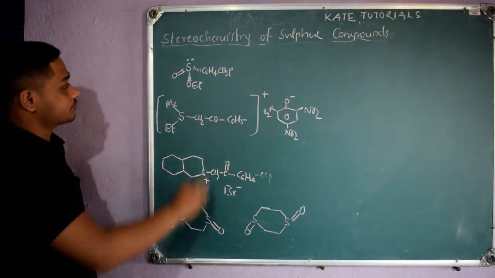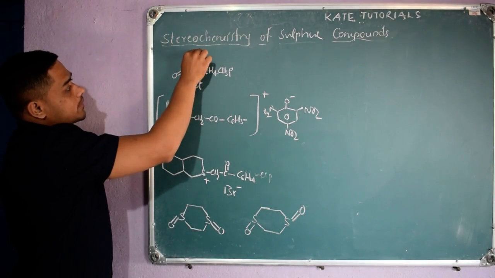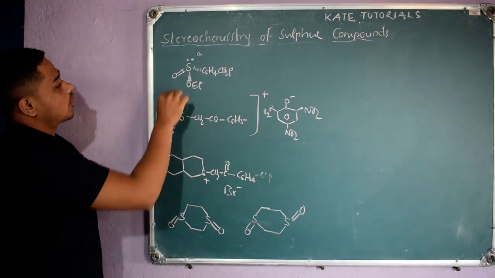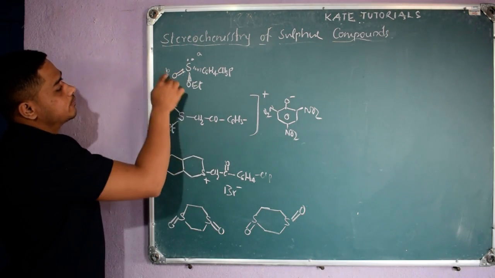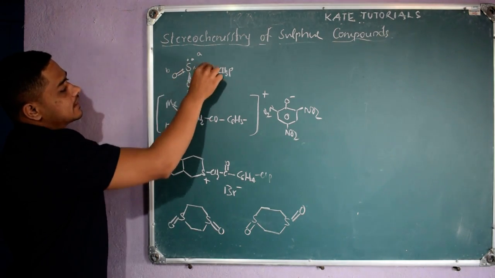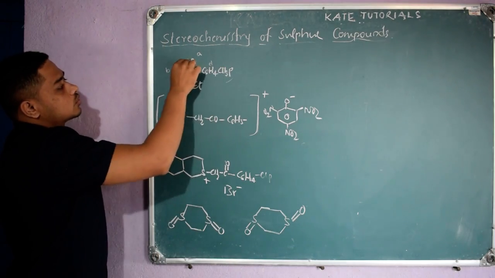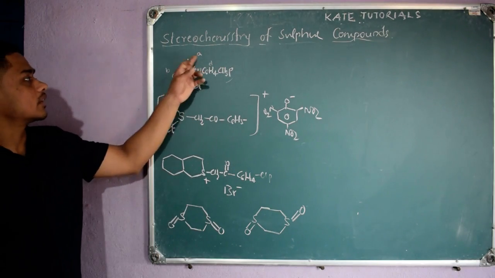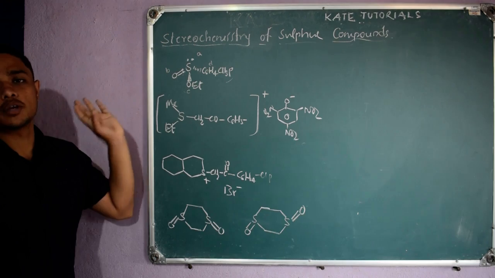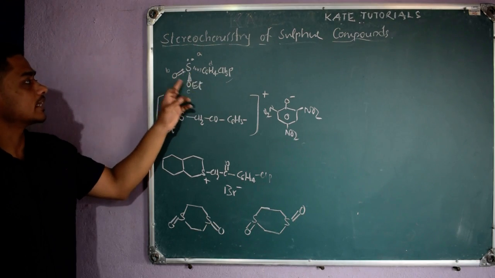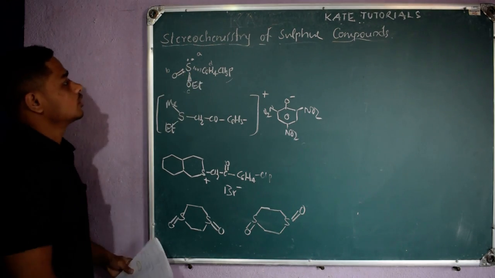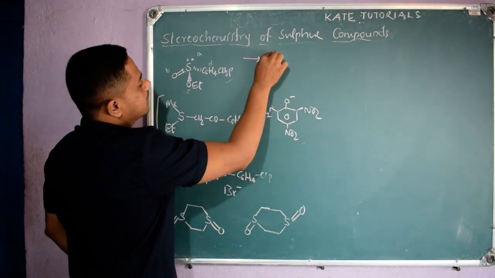So if you see the total, this lone pair means this is different. I will call this oxygen A, this is B, this OEt is C, and this is D. So to this sulfur, all the atoms attached are different atoms. The 4 atoms attached to the sulfur are different, so this compound is optically active.